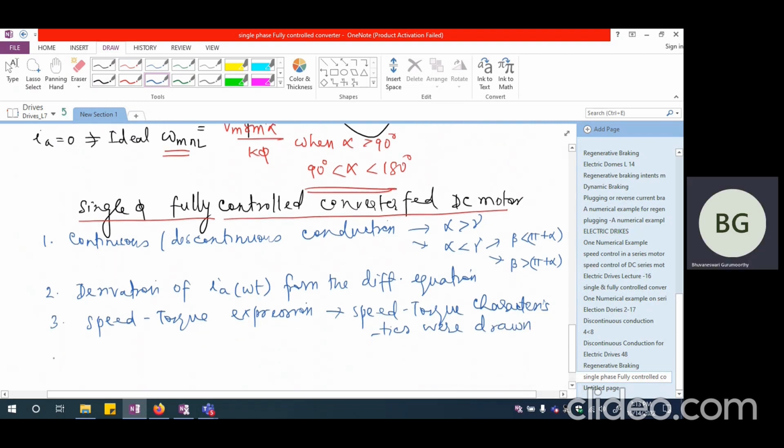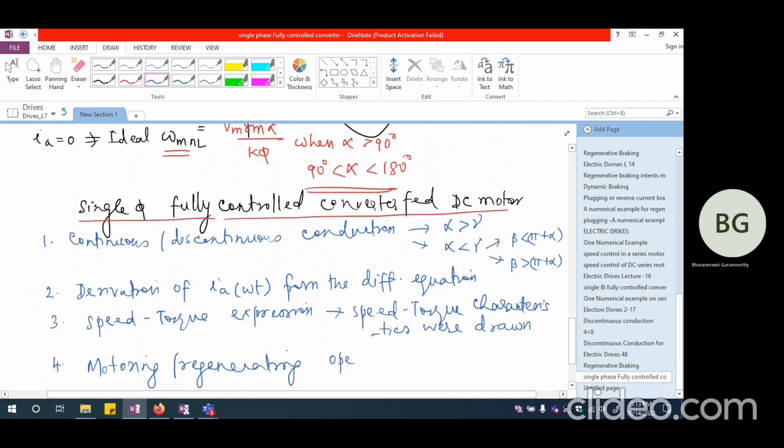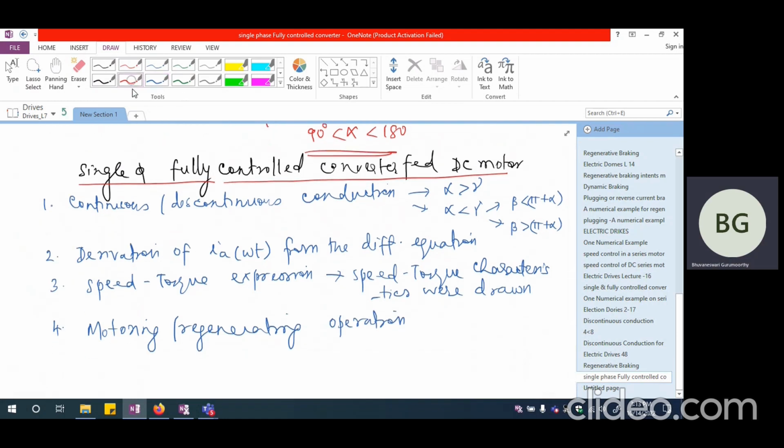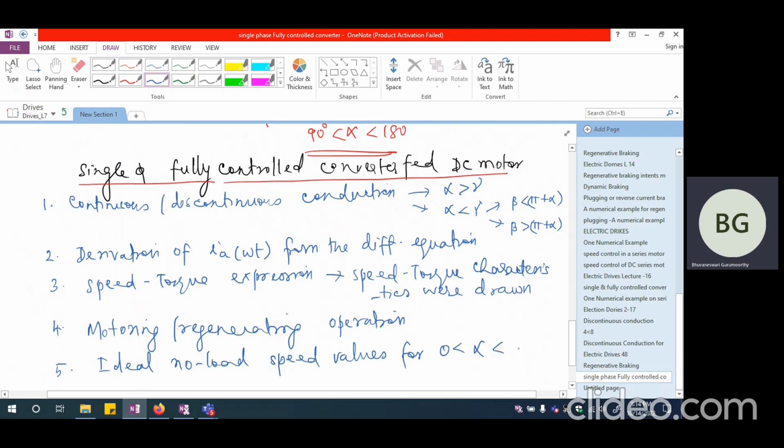Then after that, we also looked at both motoring and regenerating operation, how these things can be achieved by changing the connection of the armature or changing the field current direction. Then we also derived the ideal no load speed values for alpha ranging from 0 to 180 degrees completely.